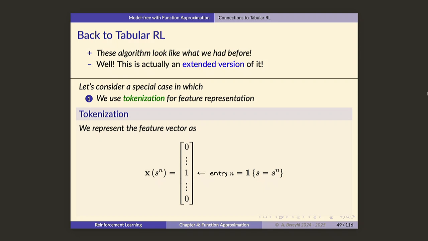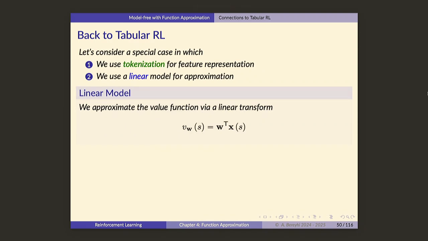That's the first thing. The second thing is that you are using a linear model. What do I mean by a linear model? I simply mean that you have a bunch of weights, and your input representation is a vector, so the number of weights you have is exactly the same as the number of entries in your state vector. They get multiplied and added up.